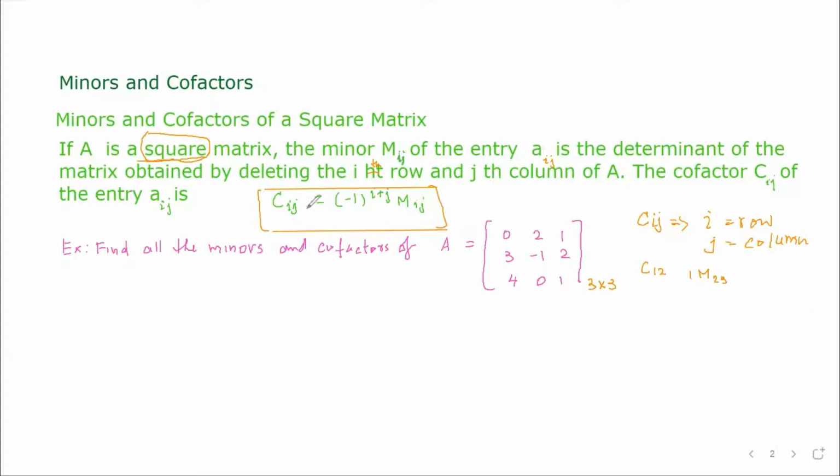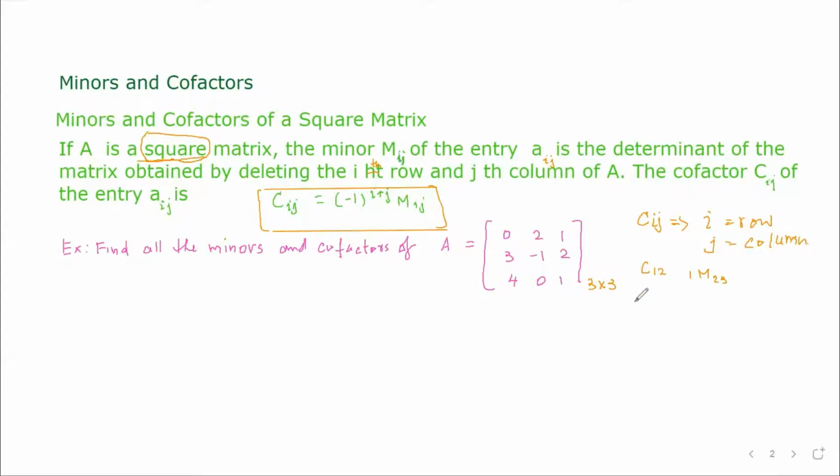A square matrix means a 2 by 2 matrix, 3 by 3 matrix, 4 by 4 matrix, 5 by 5 matrix, up to an n times n matrix, because it is square. Okay, now we can find the minors and cofactors of matrix A, each element or entry in the matrix, according to the question.